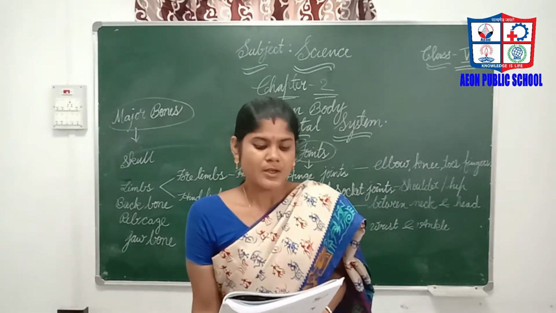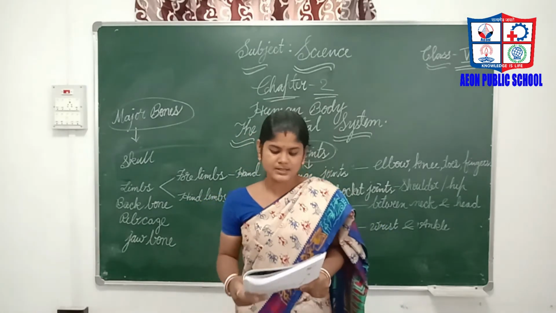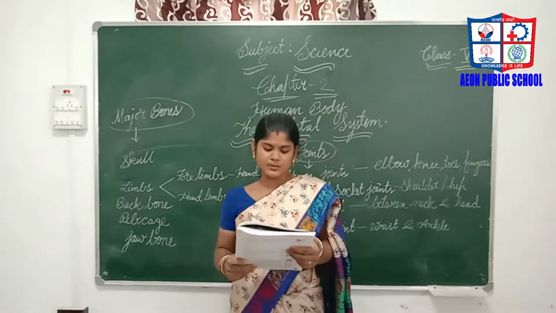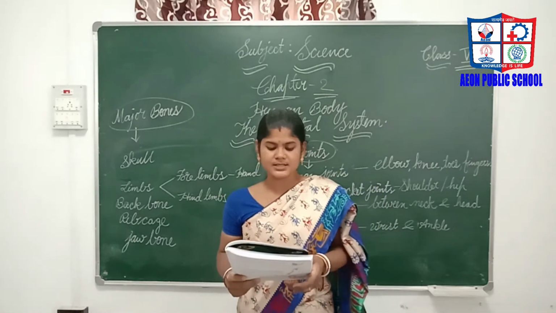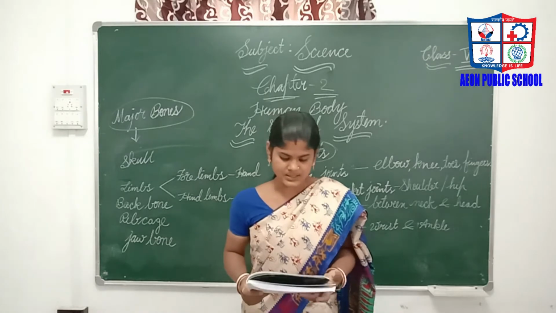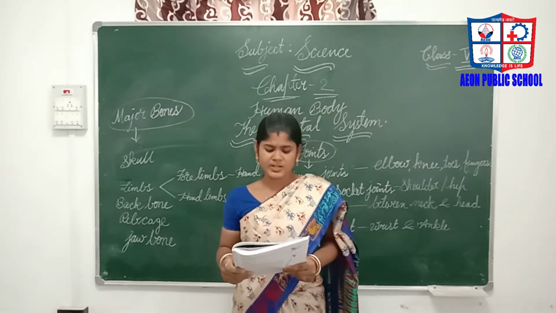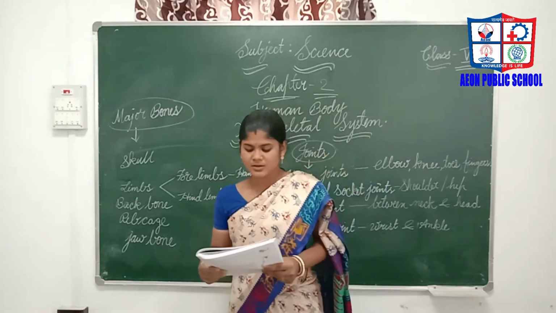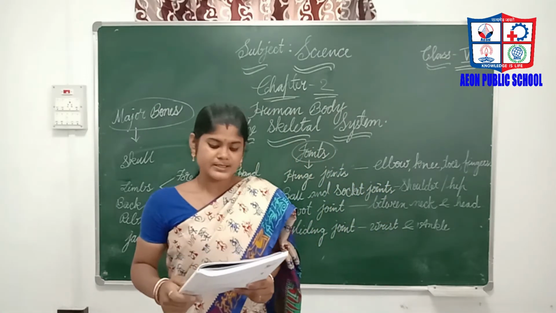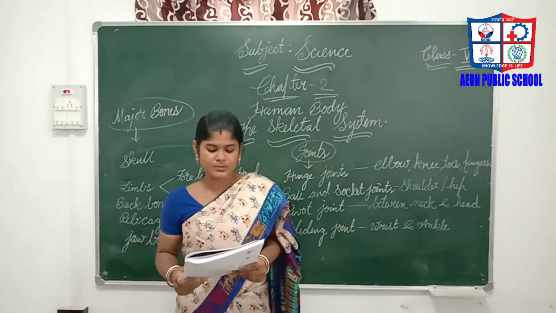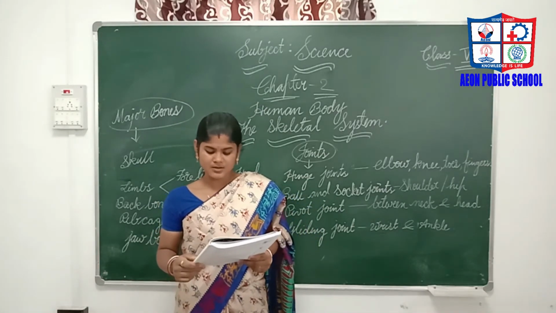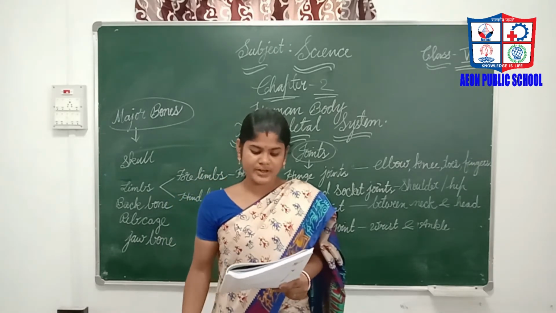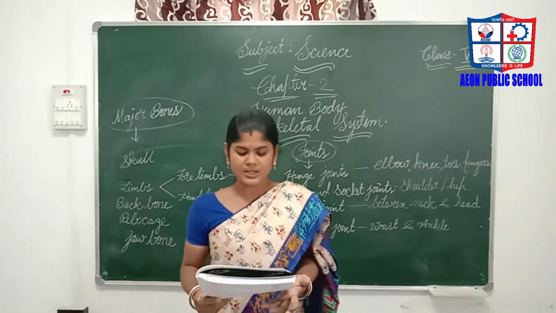Let's read. We know that different organ systems work in coordination to perform various activities of the human body. One such organ system is called the skeletal system. It works in coordination with the muscular system to bring about different body movements. The skeletal system is a rigid framework of bones that serves many important functions.